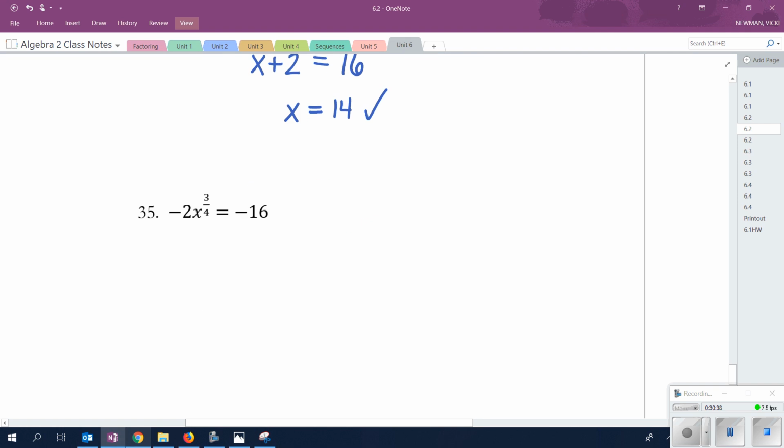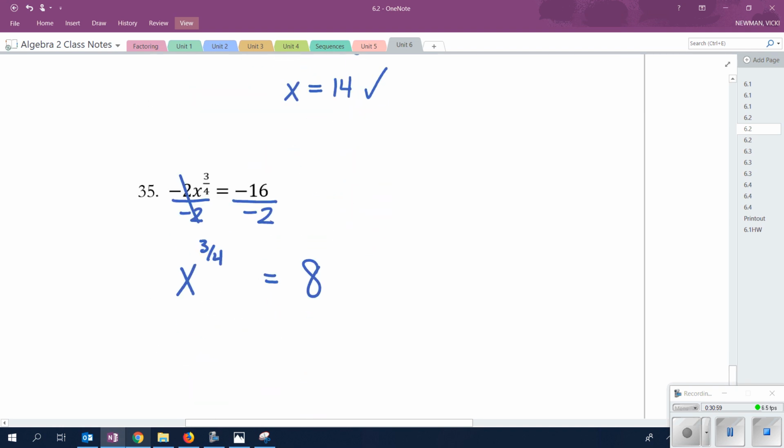35. Get the weird thing alone. What do I mean by that? Divide by -2. So x to the 3/4 is equal to +8. Did we just have that situation a minute ago? Close. It's hard to pick numbers that work out nicely. Okay. Undo the weird thing. What do we need?